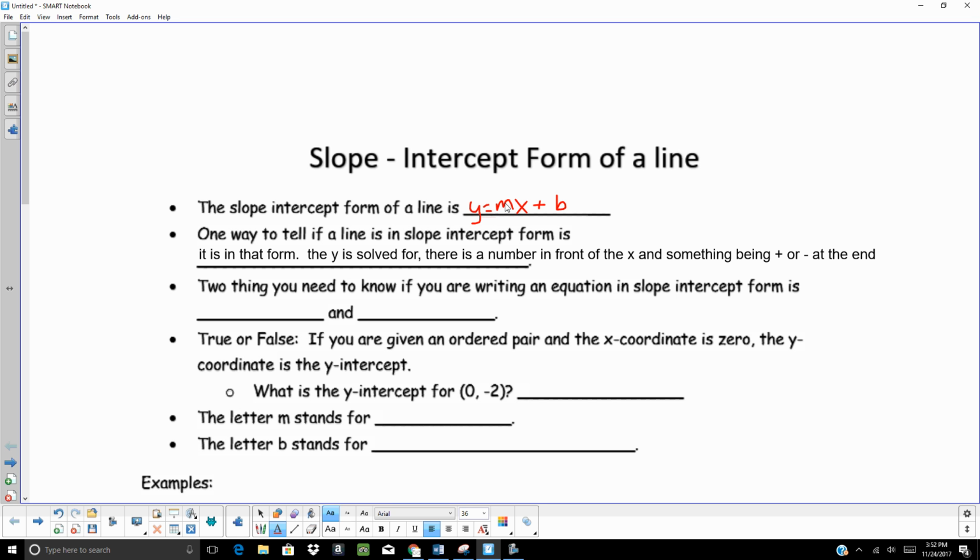The m is my slope, and my b is my y-intercept. And those are the two things that you need to know in order to write an equation. You need to know the slope and the y-intercept.